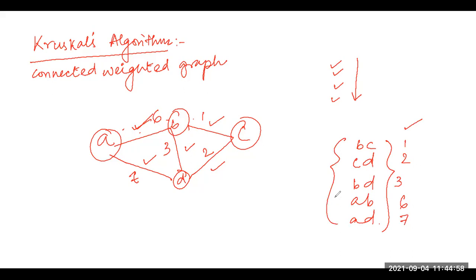Then out of these edges, this algorithm will try to build the tree such that every vertex is connected, but according to the minimum edges.